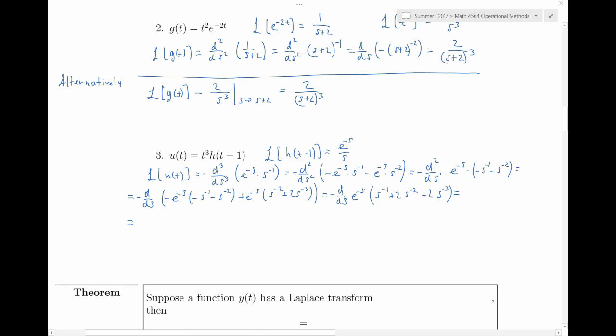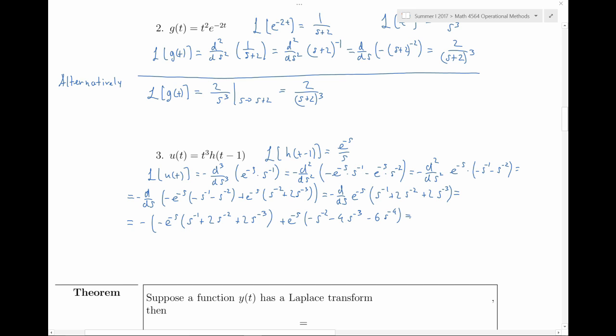Computing the last derivative gets us minus e to the minus s times this whole thing, I can't even call it a polynomial because it isn't, plus e to the minus s multiplied by, taking the derivative of the inside, minus s to the negative 2 minus 4 s to the negative 3 and minus 6 s to the negative 4.